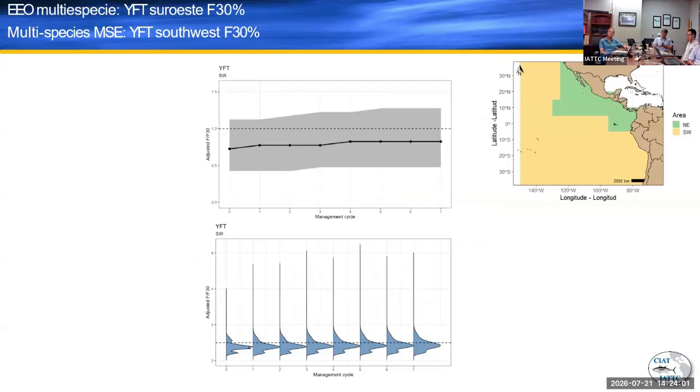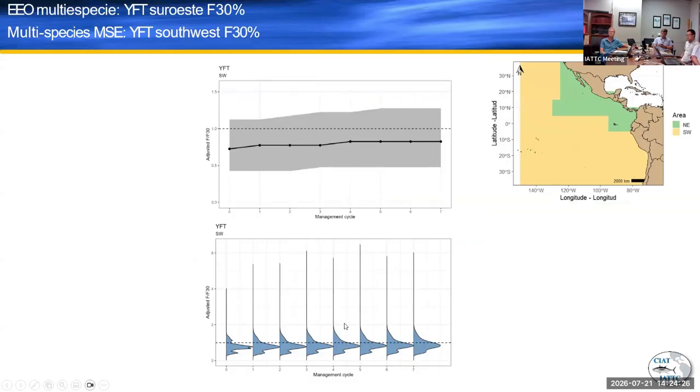And so this is looking at these results for the stock that requires the most restrictive management, which is the southwest yellowfin tuna stock, which is the area in the yellow here, and the northeast is the other stock.